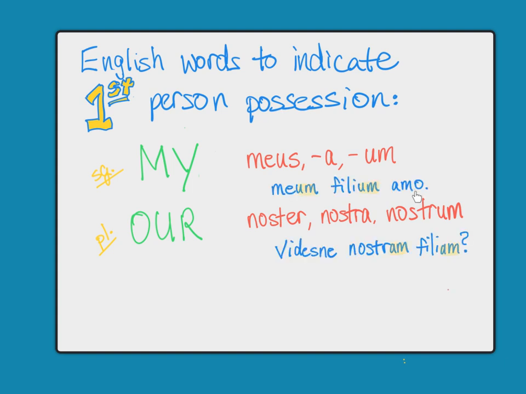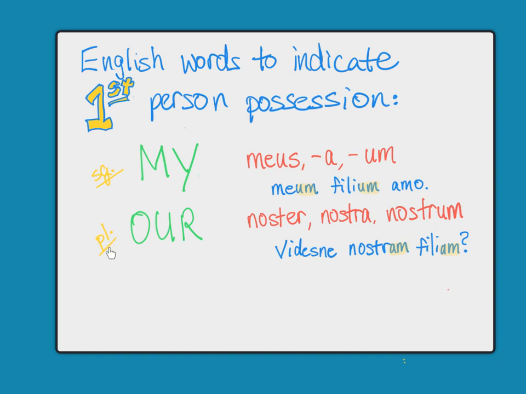Notice that it doesn't matter what the gender of the subject of this sentence is. The gender of this adjective, meum, is modifying the noun only. Because this is an adjective, its only job is to modify in case, number, and gender its noun.